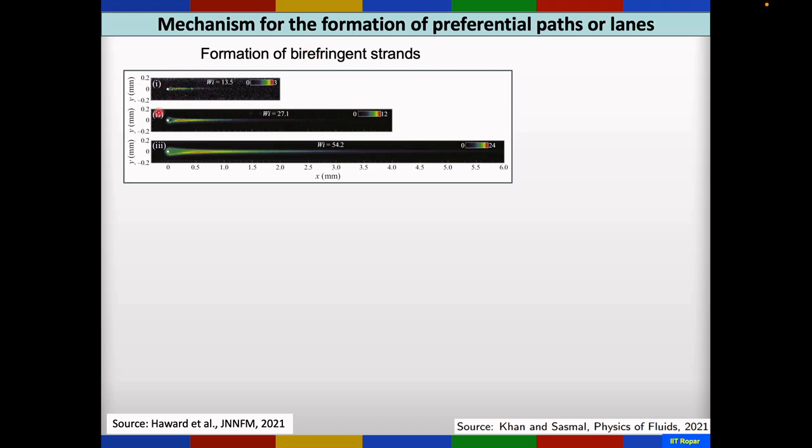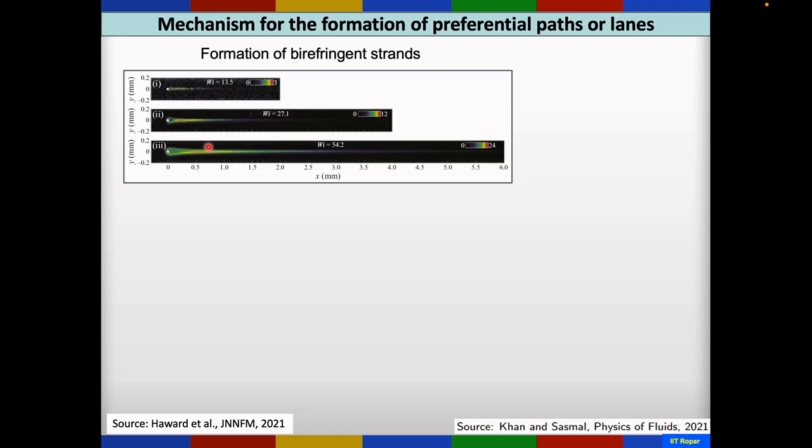And as you keep increasing the flow strength, those strands will be larger in size, and their width will also increase. These strands are the zones of high elastic stresses, and they could be the regions that guide the formation of those defined flow states.